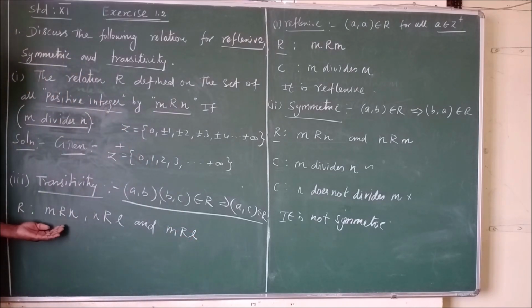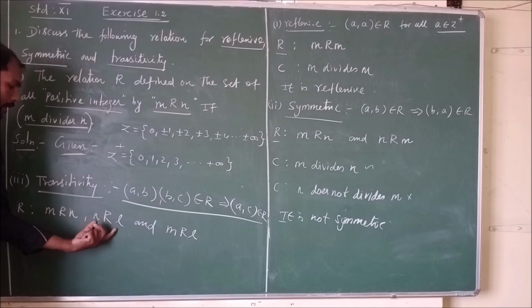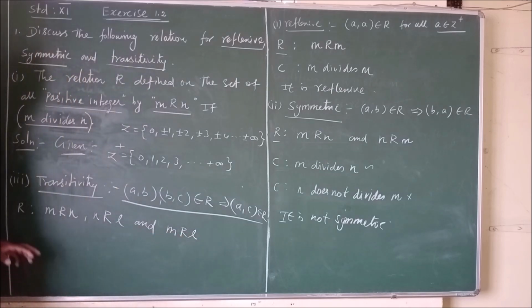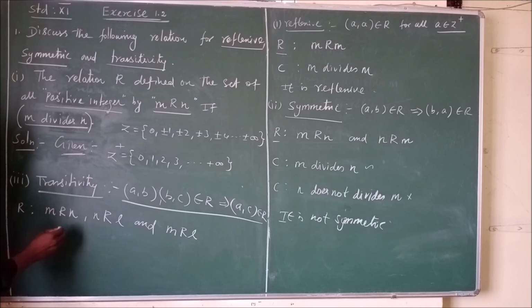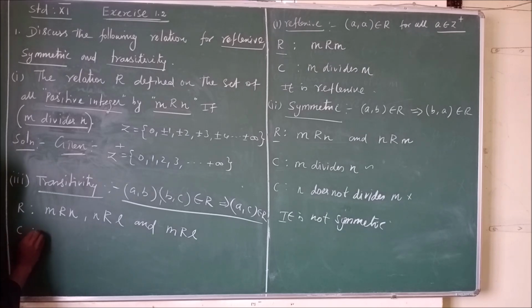Here (a, b) means m related to n, (b, c) means n related to l, and (a, c) is m related to l. Does the relation have transitivity or not?